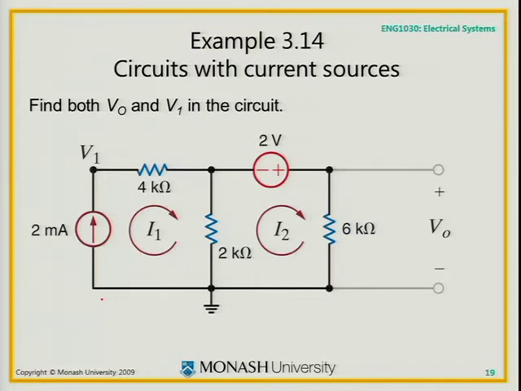What's different of this compared to the last one? That's a current source, not a voltage source. So just to remember, we're going to find I1, I2, and then V0 will equal 6K times I2, etc. We can then find V1 similarly.